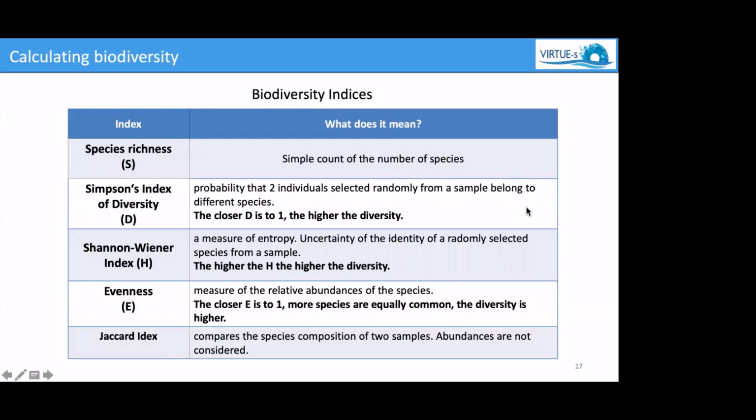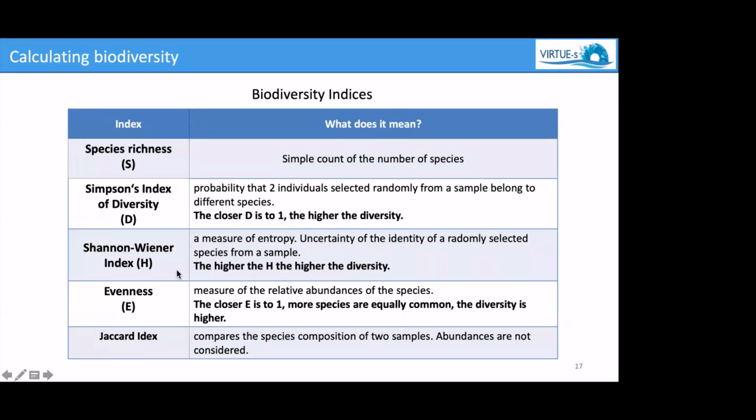I will illustrate this later so that it is easier to picture. It is a measure of probability. Okay. So the closer D, the Simpson's index, is to 1, the higher the diversity.